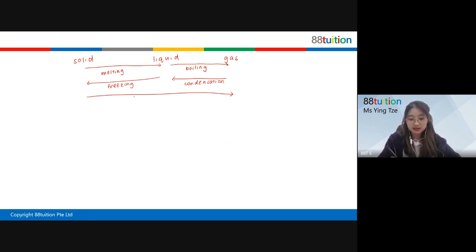Starts with an S. Okay, so if you all don't remember, it's called sublimation. So sublimation is a method.